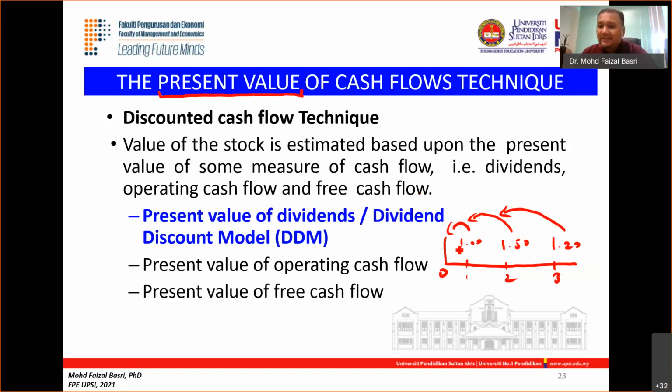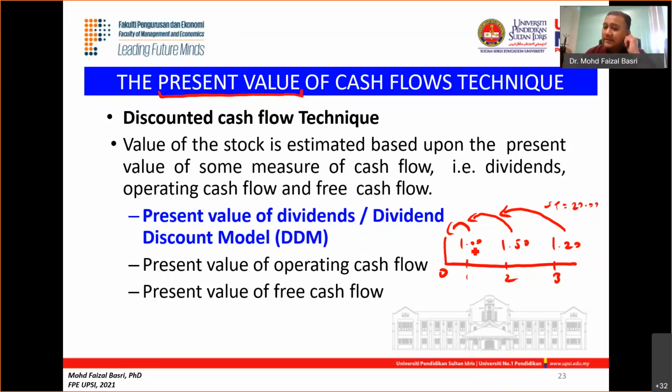And besides these dividends, 1 ringgit, 1.50 and 1.20, we're going to assume also that we will sell the stocks during the final year. So meaning, let's say the selling price is 20 ringgit.